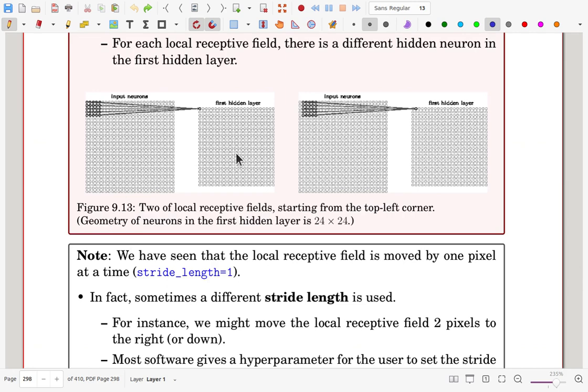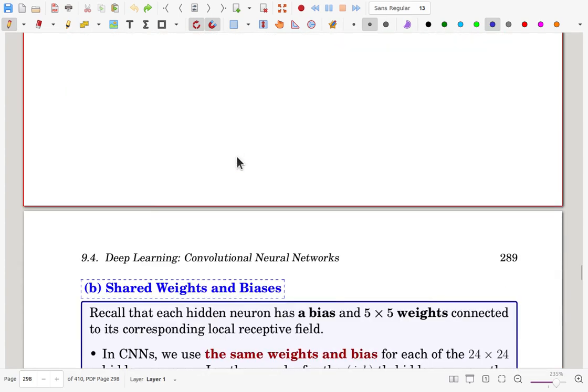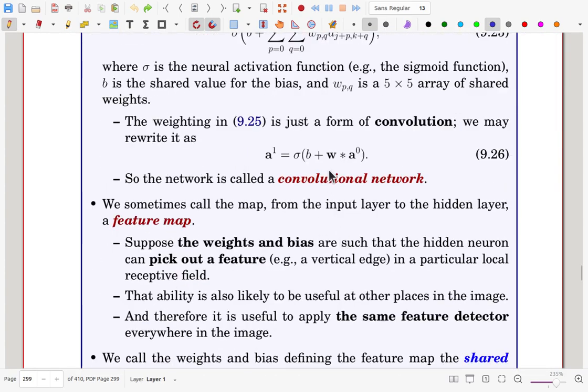Now A1 is made here, like this one. And W, in our example, is a 5 by 5, and the operation is like a convolution. The same W and same B is used all over the image, so it is in the form of a convolution. That's the reason the network is called a convolutional network.